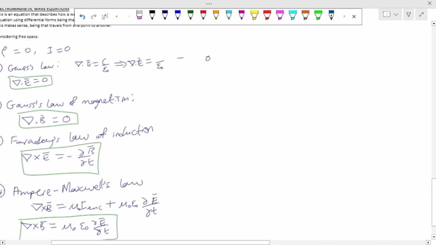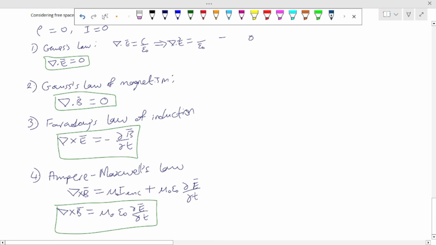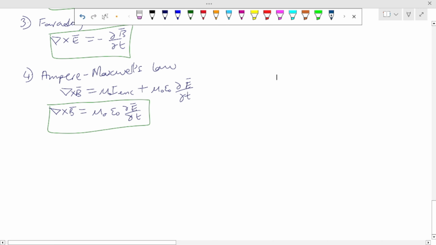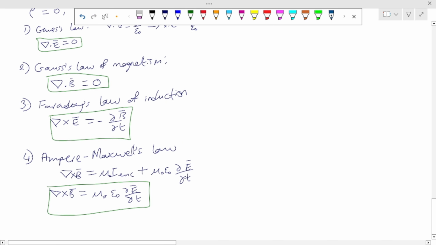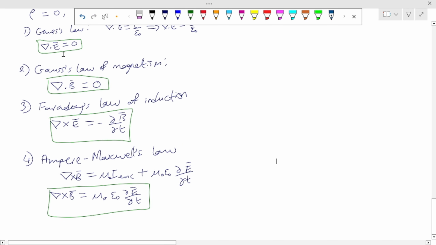Now, out of these four laws, which one can we use to derive the wave equation for the electric field in free space? Note, if you are talking about electric field, look at it now. This or this. So these are the two, electric.